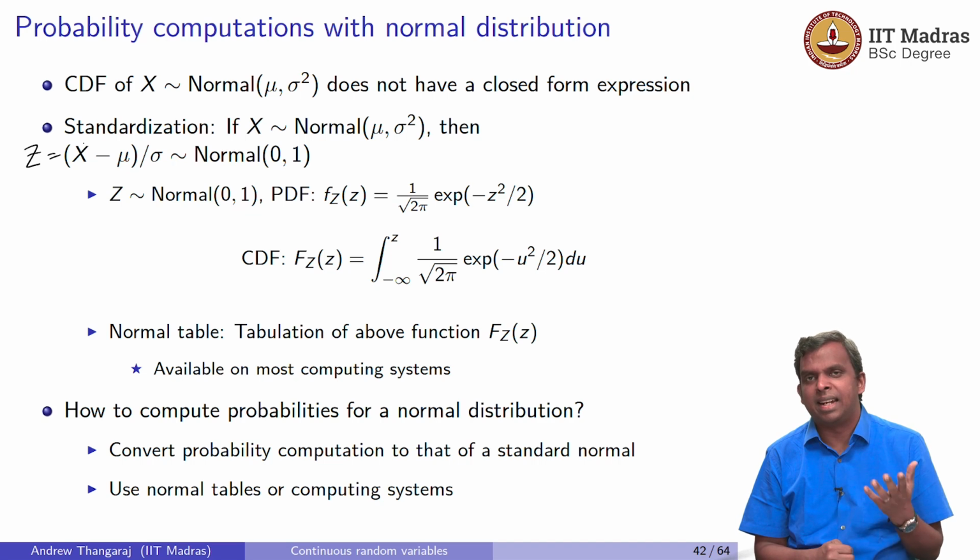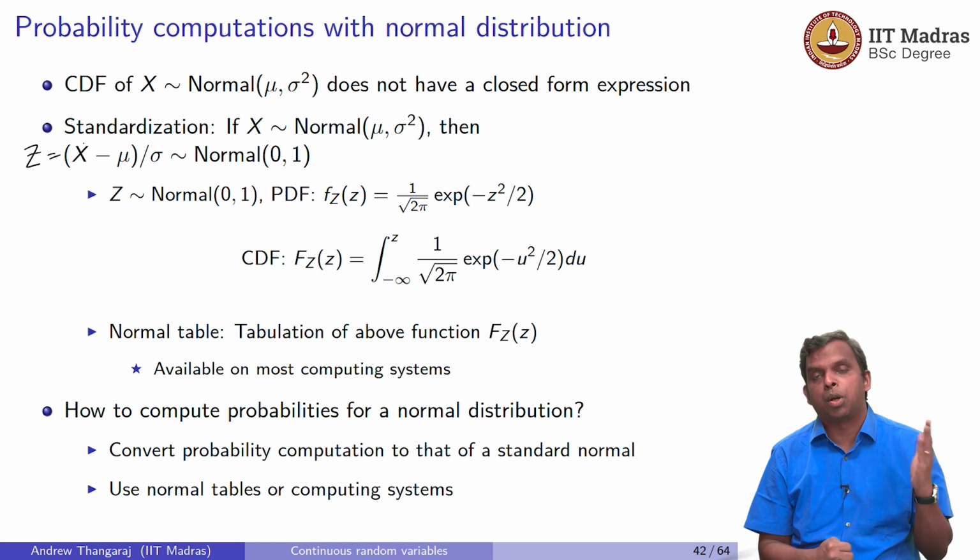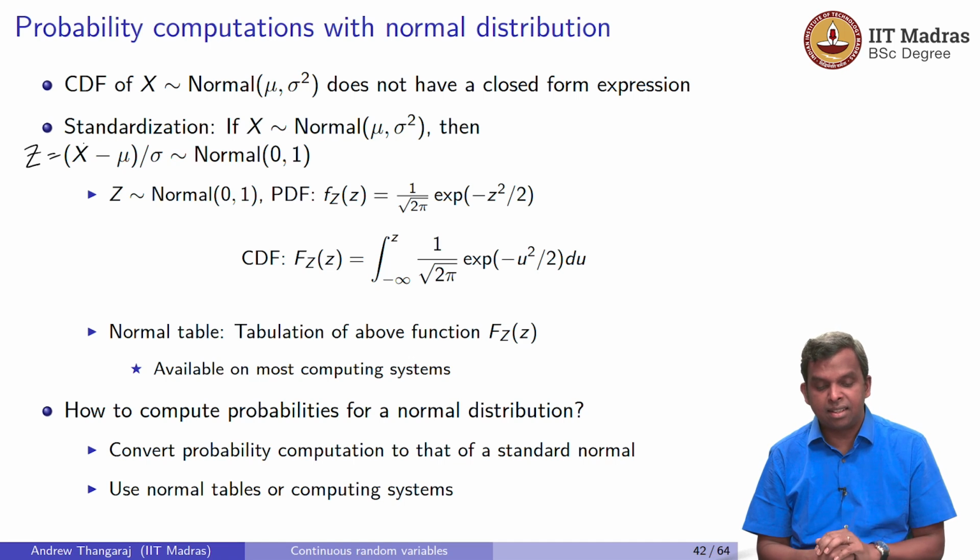If you get the CDF for the normal distribution, you will get it. Okay. So to compute probabilities for a normal distribution, you first convert the probability computation to the standardized case, and then you use normal tables. Okay. So we'll do this eventually. Let me not show you examples at this point. Maybe we'll see some examples soon enough. But this is the standard procedure.